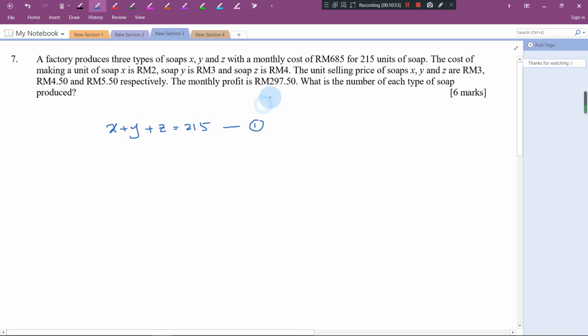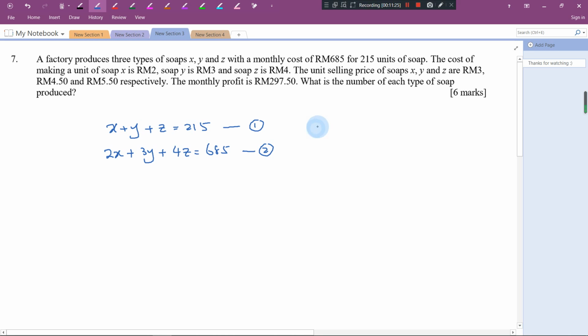Okay, first equation. And the monthly cost is equal to this. Now I have the cost for each one: for X is 2 ringgit, for Y is 3 ringgit, for Z is 4 ringgit. So here will be 2x + 3y + 4z equal to the total cost, which is 685.